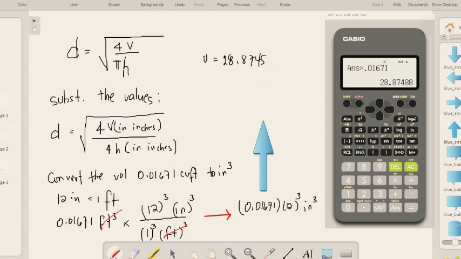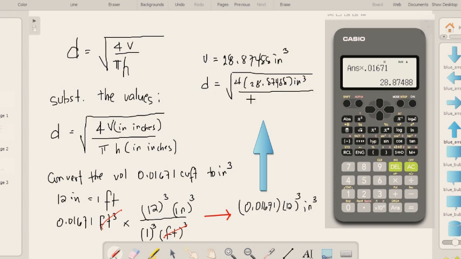So we can now proceed with our solution by substituting the value of V by 28.87488. So 4 times 28.87488 divided by, not 4, it has to be pi, divided by pi multiplied by 4 inches.